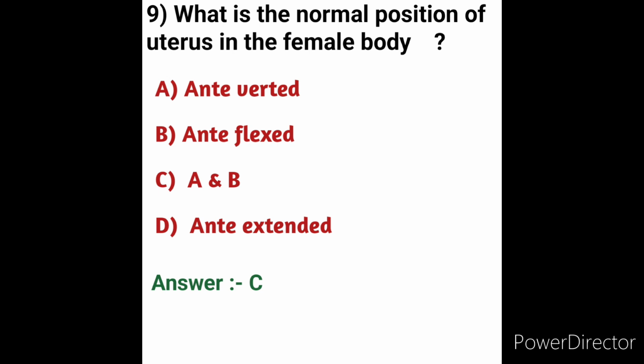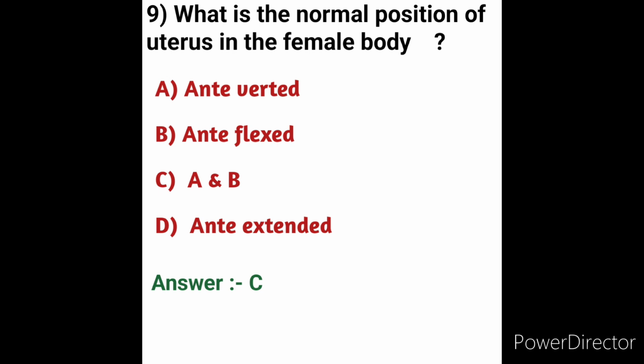In an anteverted, anteflexed uterus, the uterus tilts forward at the cervix toward the abdomen. An anteverted uterus typically sits on top and slightly behind the bladder and in front of the rectum. So these both are the normal positions of the uterus.